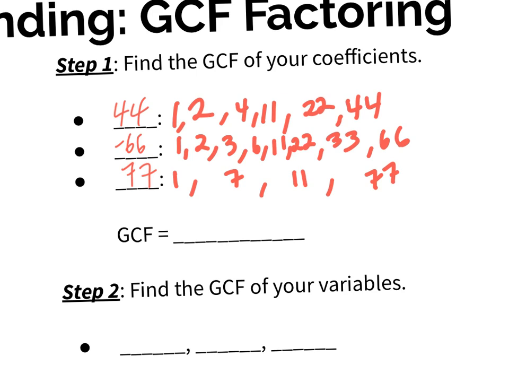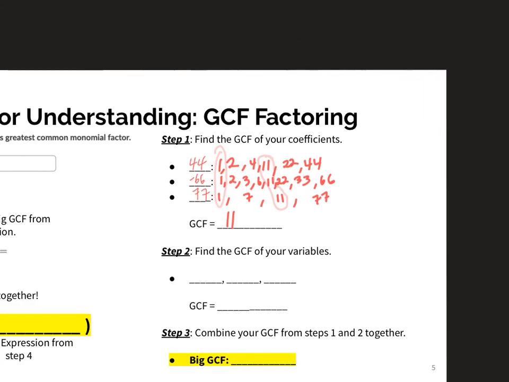So I just want to evaluate which common numbers show up in these lists. My common numbers are 1 and 11. Because 11 is the largest number out of those 3 lists, my GCF for my coefficients is 11.